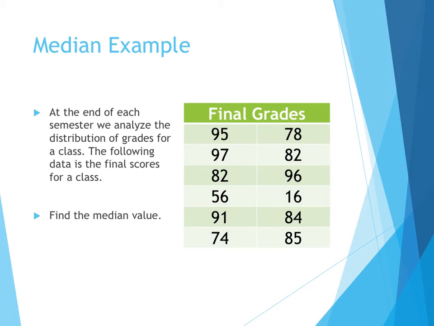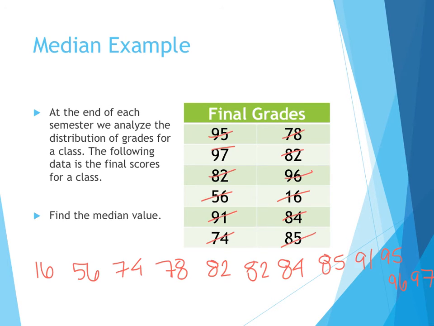Here we have a median example, again using that same data from the class scores. If I wanted to find the median, the first thing I need to do is arrange everything from least to greatest. So 16, all the way to 97.